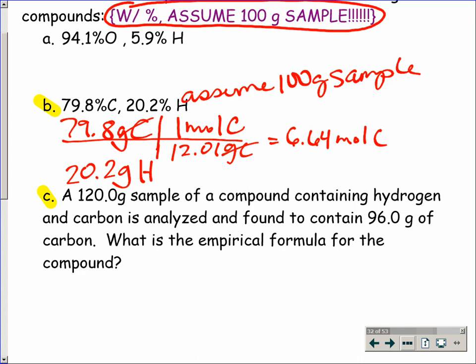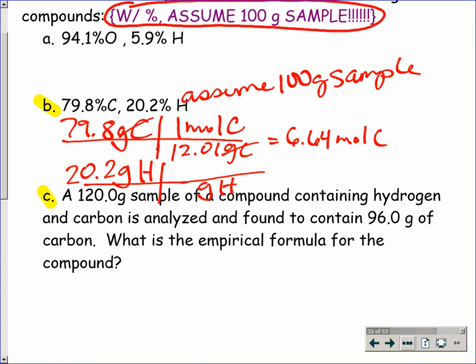All right, so tell me how you would process the second part of this data. We're starting off with 20.2 grams. What do I need to do? So what do we do on this first one? Grams on bottom. So there's grams of hydrogen.